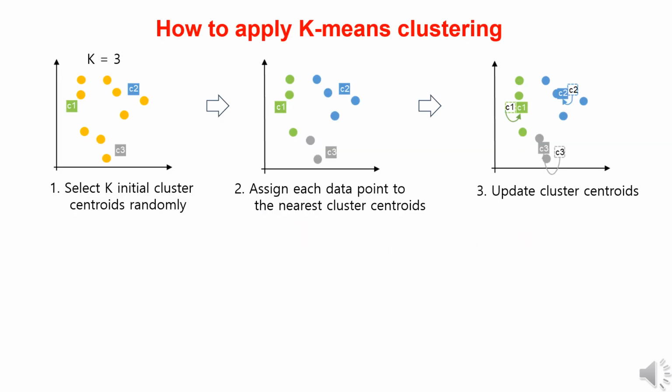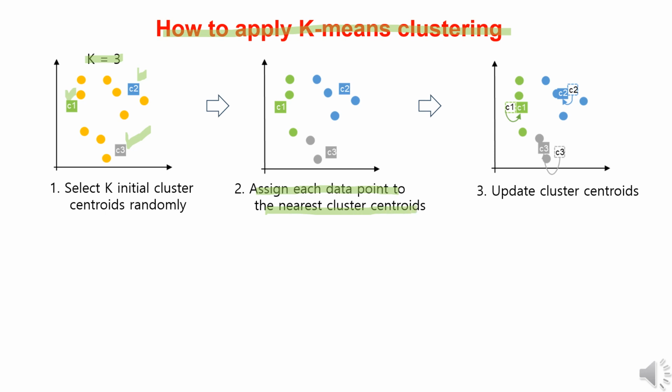Let's take a look at the steps involved in executing k-means clustering. First, we predefine the number of clusters, and in this case, let's set k to 3 beforehand. When we set k to 3, we initially create 3 centers, C1, C2, and C3. Next, we calculate the distance from these 3 centers to all data points and assign each data point to the nearest one of these 3 centers.